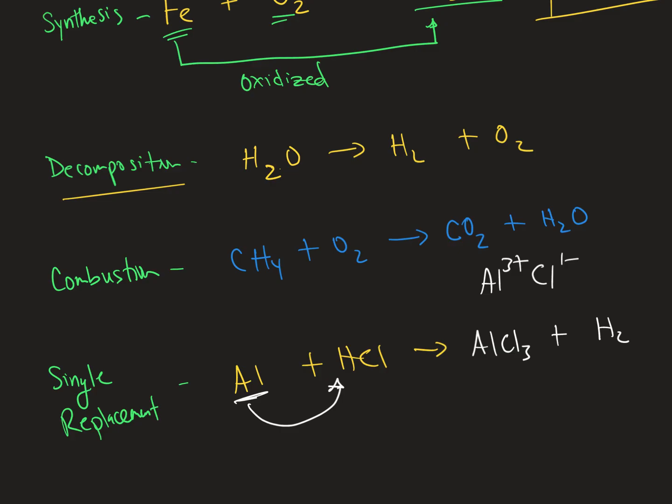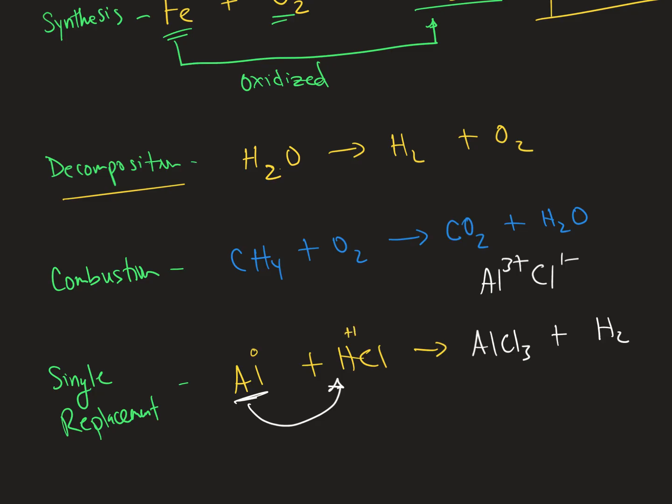Any questions with oxidation reduction reactions? So do you want me to show you this one? We can show you the transfer of electrons. What's the charge of aluminum by itself? 0. And what's the charge of hydrogen when it's bonded to chlorine? +1, right?